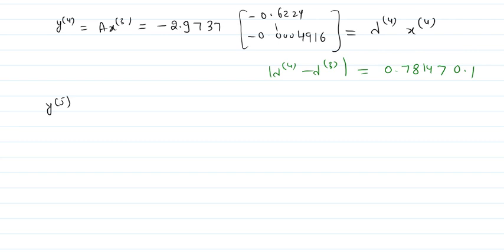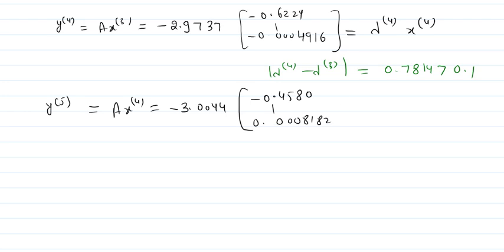So now I write y5, that is just A x4. So usually multiply A with the new answer, so the final answer is 3.0044 and the eigenvector is 0.45801, 0.308182. So this is lambda 5 x5.